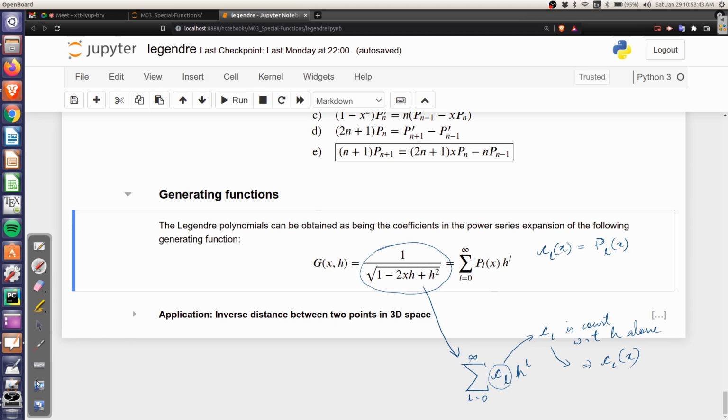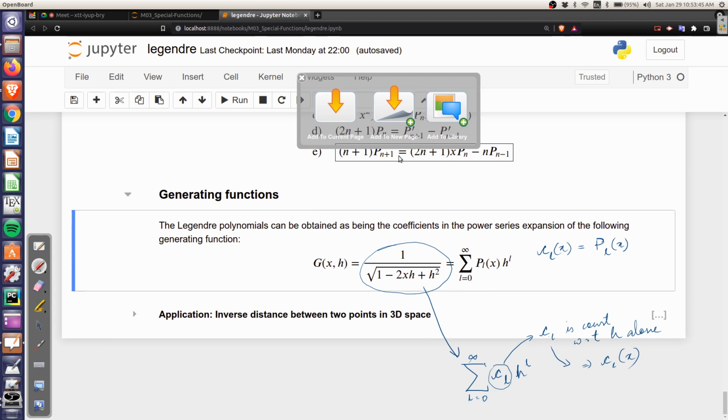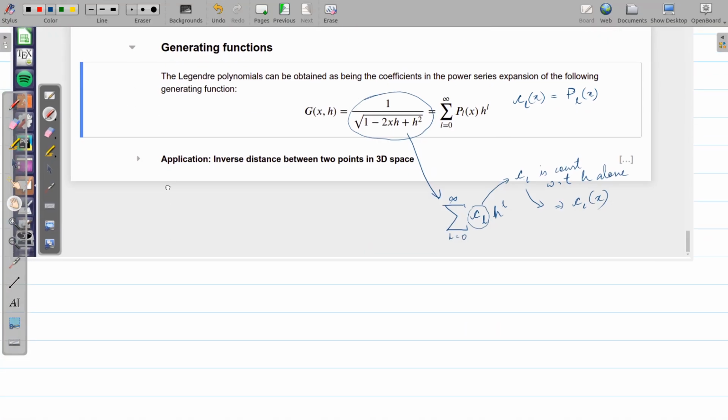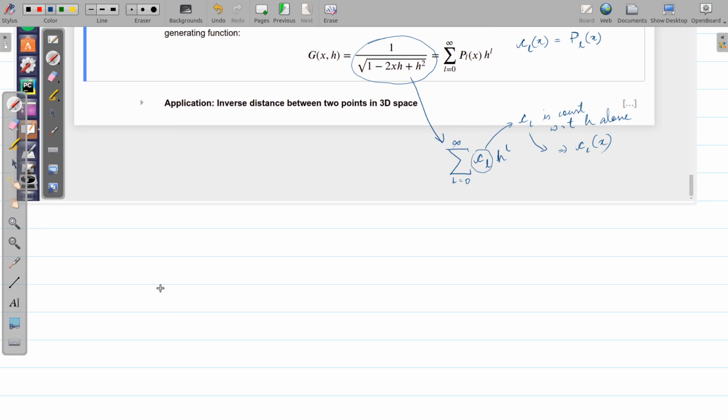So what I essentially mean by that is something like this. I write this function: 1 divided by root over 1 minus twice x h plus h square.